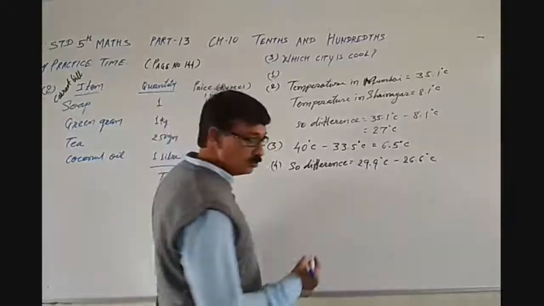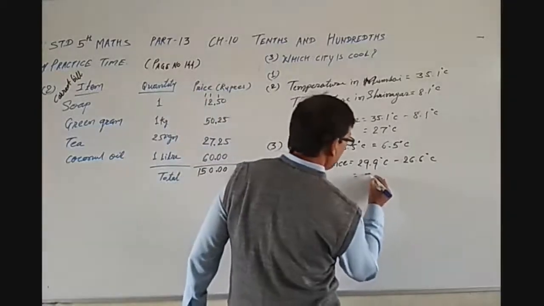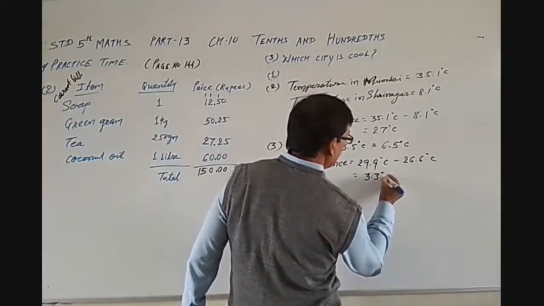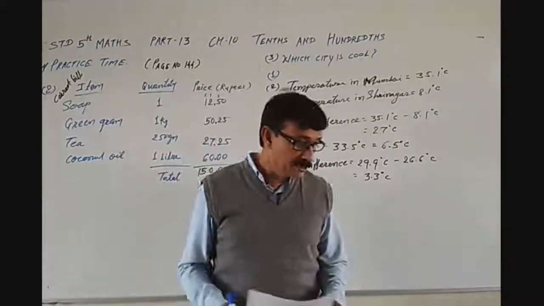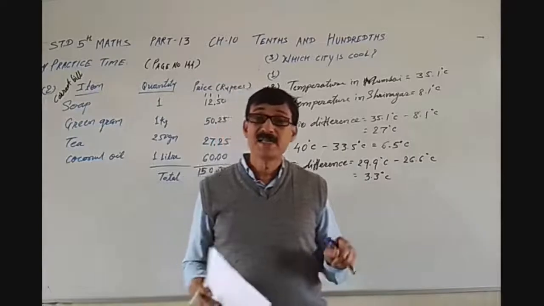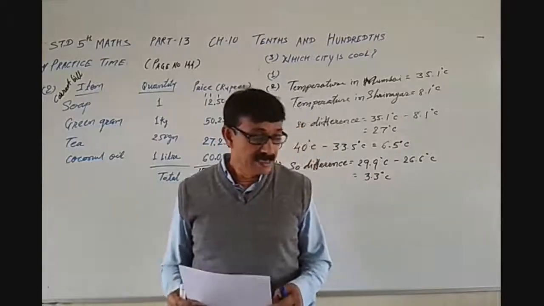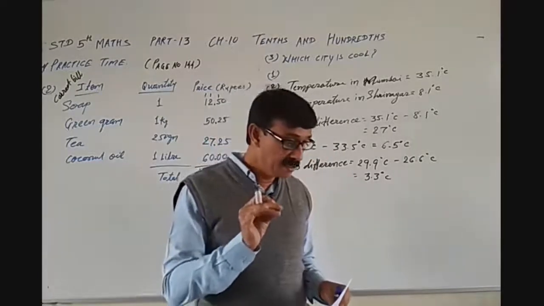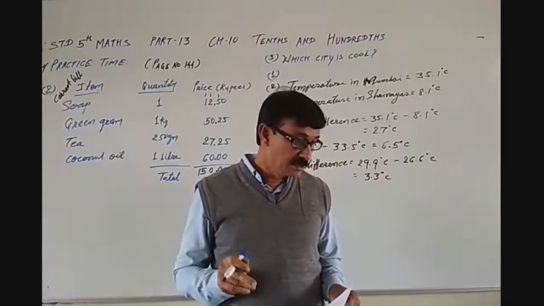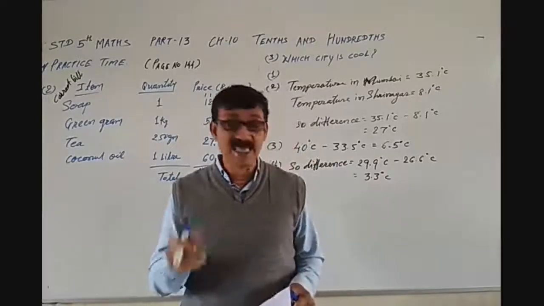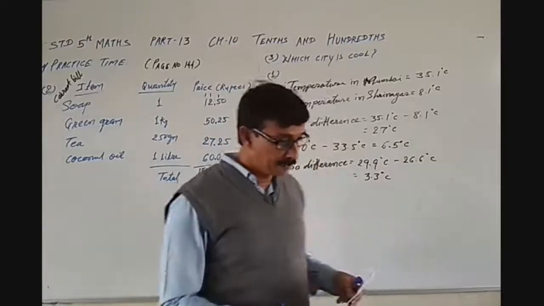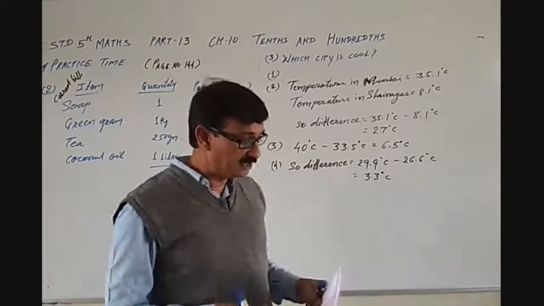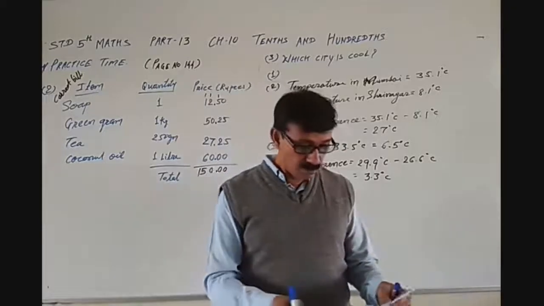And that is equal to 3.3 degrees Celsius. Deduct this, it is very easy. So the answer is: the temperature in Kolkata is 3.3 degrees Celsius lower than that in Chennai. You should write in such a way. So we have answered that one also. Now the fifth question.